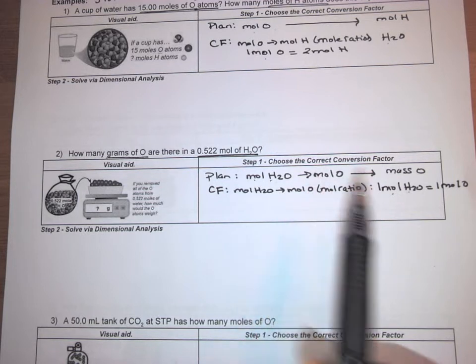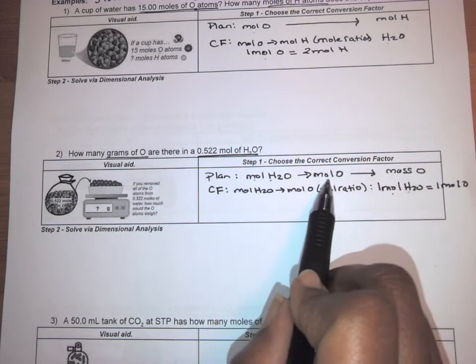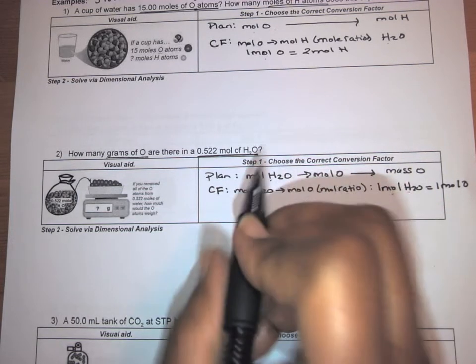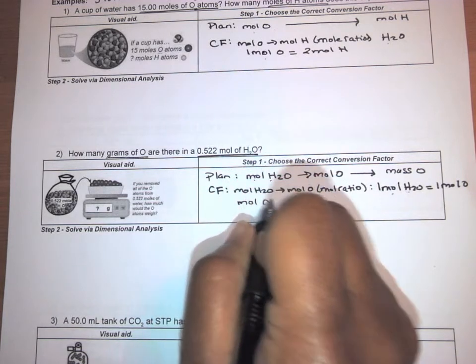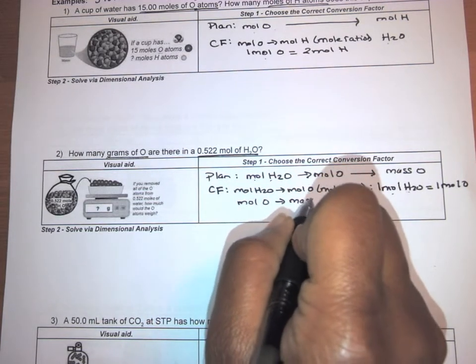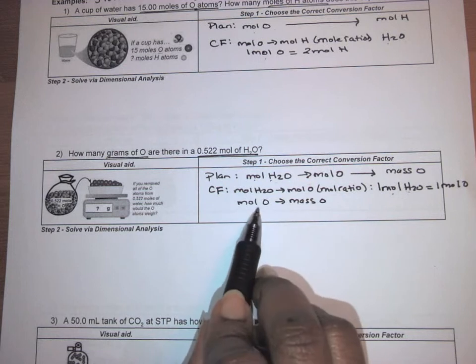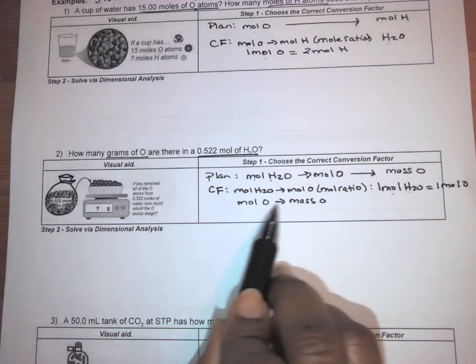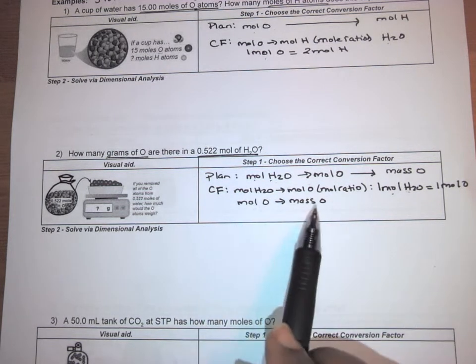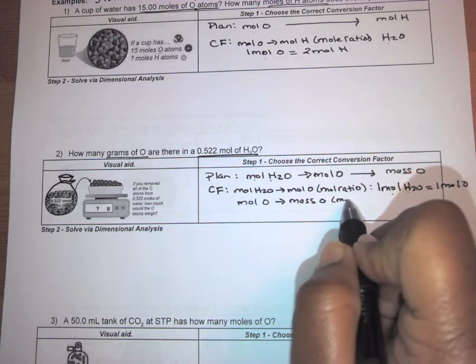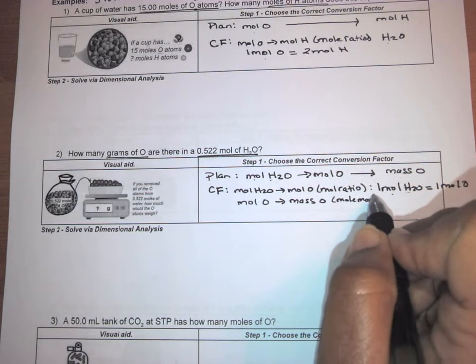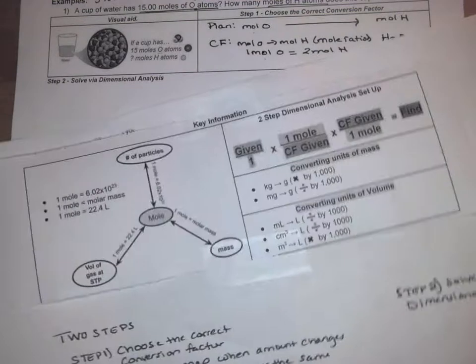All right, now we're going to do the next conversion, moles of oxygen to mass of oxygen. Now in this case, these are the same substances, oxygen. It's just the amounts that are different. And that means it's a mole map problem. And you may actually remember this because we've done so many of these, but if you didn't, you have this as a tool.